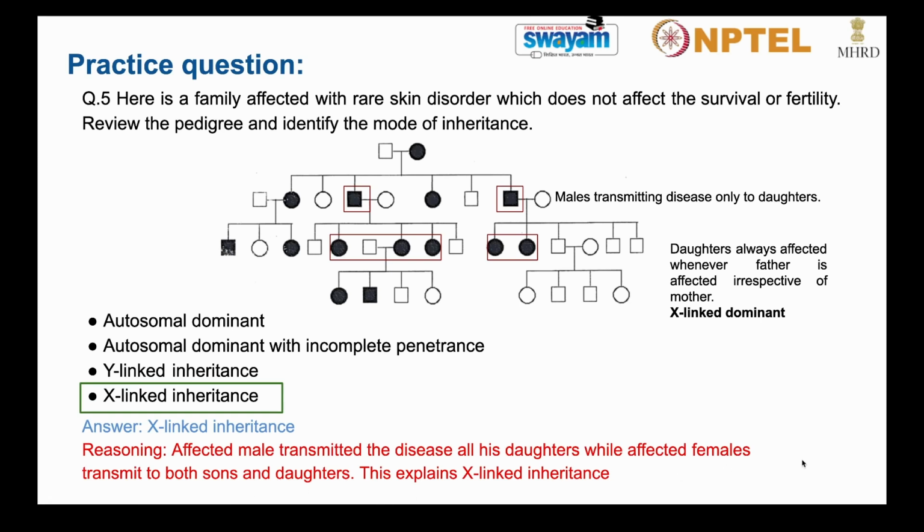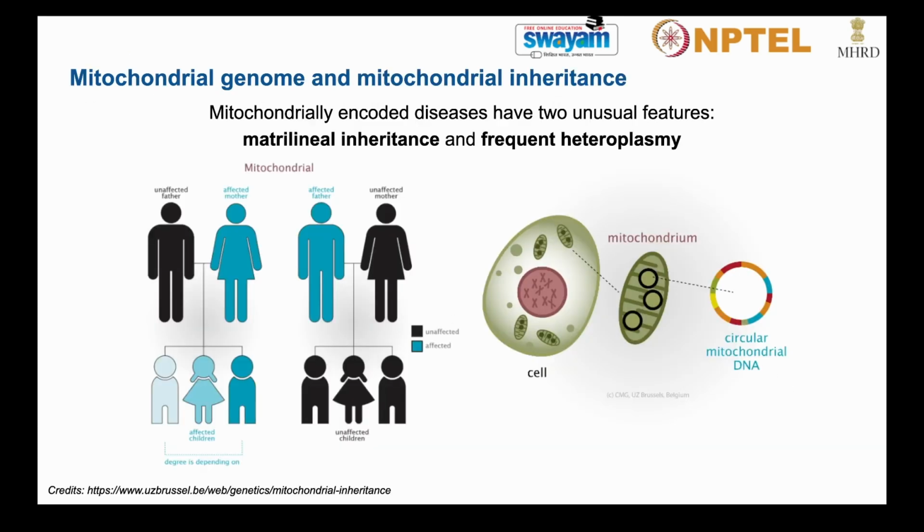So it is X-linked inheritance. I hope now it is clear why the answer is option 4 and not option 1. Because if it were autosomal dominant, then the father would pass this to the son as well, not only the daughters. So now let's see another concept.